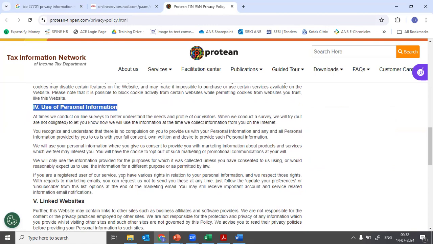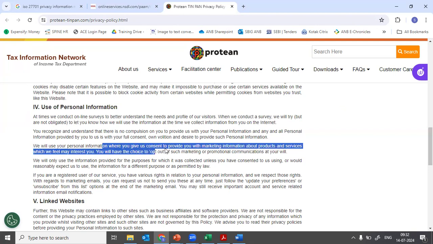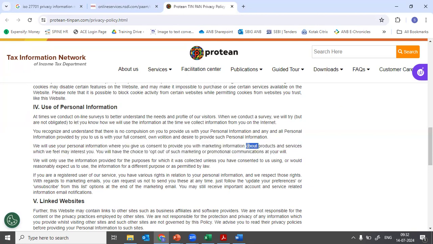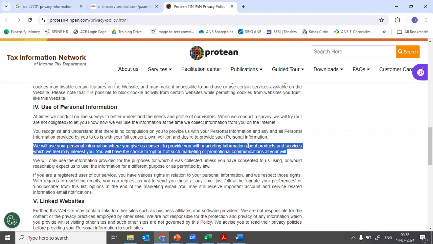Now, if a company wants to promote their product to you, they need to take specific consent. For example, here it is written that you have given us consent to provide marketing information about products and services. So they have already taken your consent. Only then are they sharing that promotional and marketing information on your number or email ID.